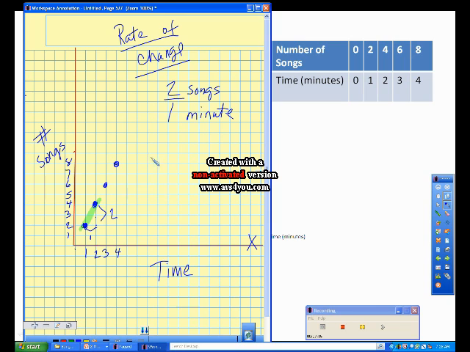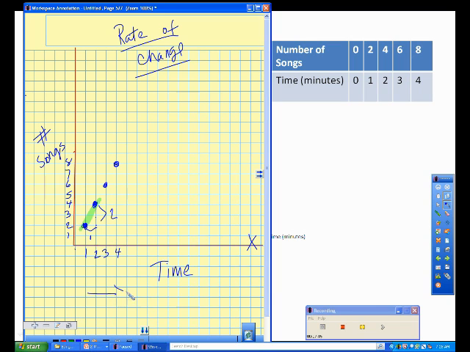Now, a lot of people are probably sitting at home right now saying, why does the number of songs go on top? Because we have hammered into your heads for years that when you're graphing, you address left to right first, then up and down second. So I can see why it would be confusing that you take the vertical change and it goes on top, and you take the horizontal change and it goes on the bottom.